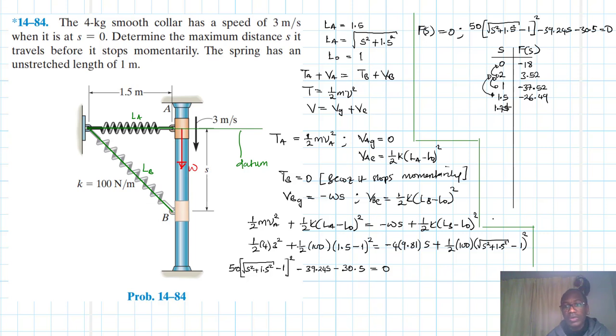Alright, what do we have? We have a minus 14. It's reducing at a very slow rate. Okay, so again, there we go. Average of that plus 2 divided by 2. This is 1.88.